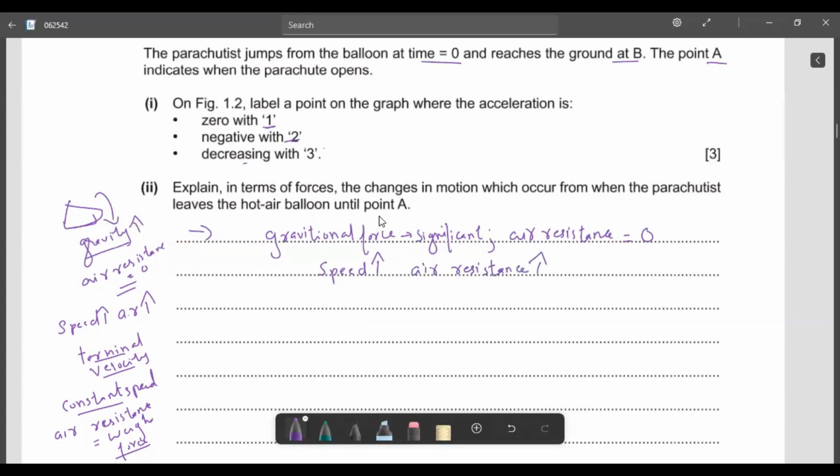And at some point, he reaches terminal velocity. When he is reaching terminal velocity, all the forces are balanced. That is, net acceleration is 0. He is traveling at a constant speed.